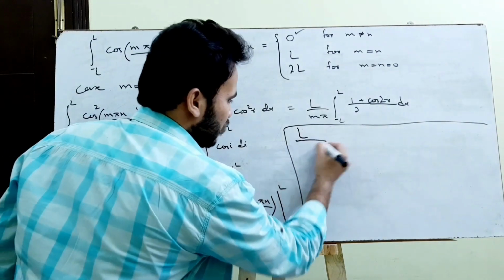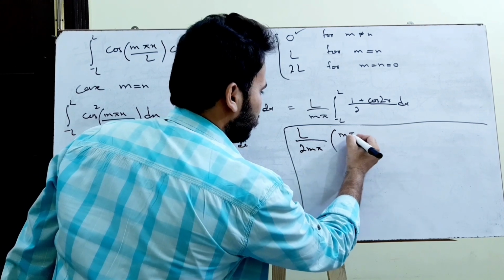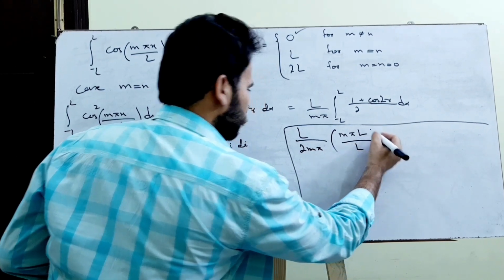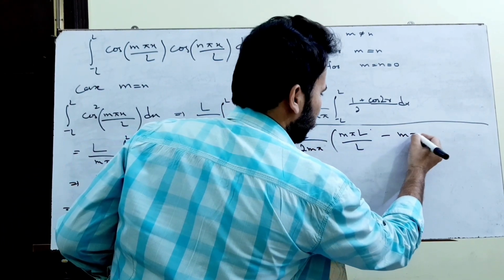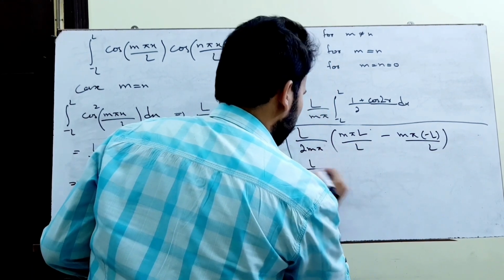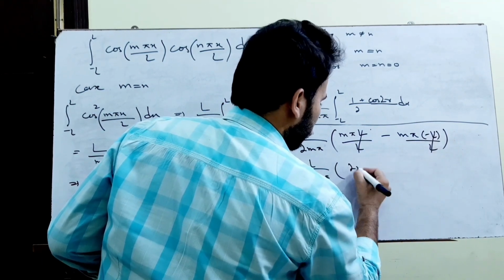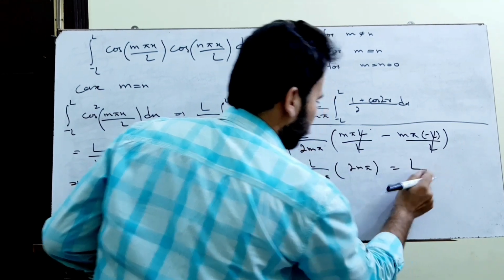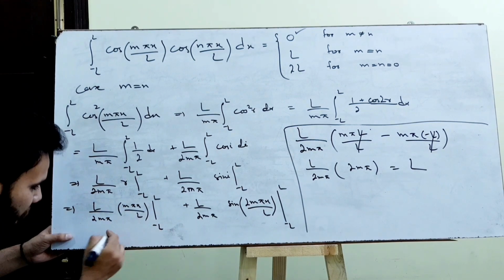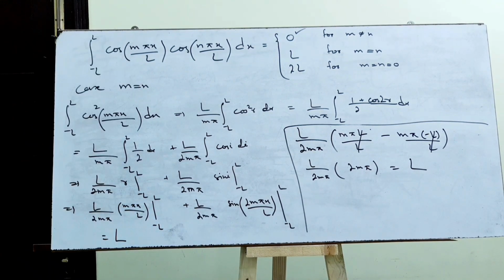So this will be L over 2m pi, and m pi L over L minus m pi negative L over L. So this will be L over 2m pi, and this is 2m pi. So the result is L. So the result of this one is just L. Now I'm computing the second one.